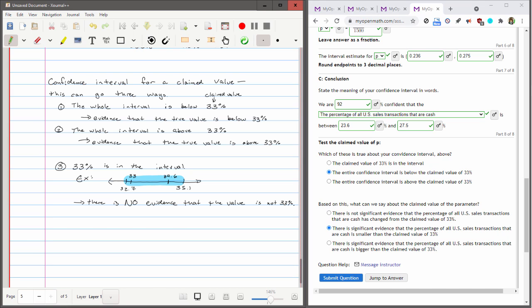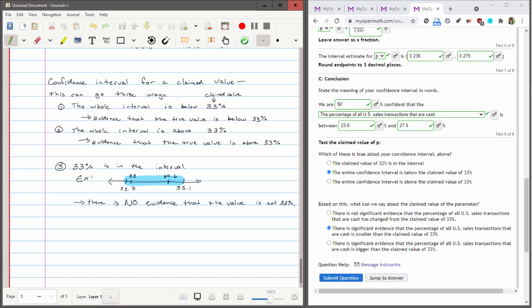Right? So if the claimed value is outside the interval, we say that there is evidence that the claimed value is wrong. If the claimed value is outside the interval, we say that there is evidence that the claim is wrong. But if the claimed value is inside the interval, we don't say that's evidence that the claim is right.